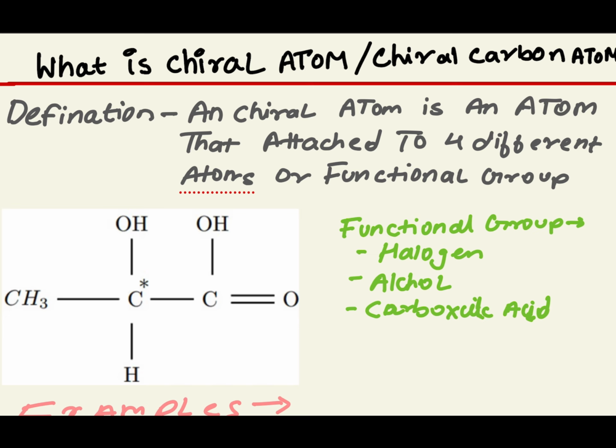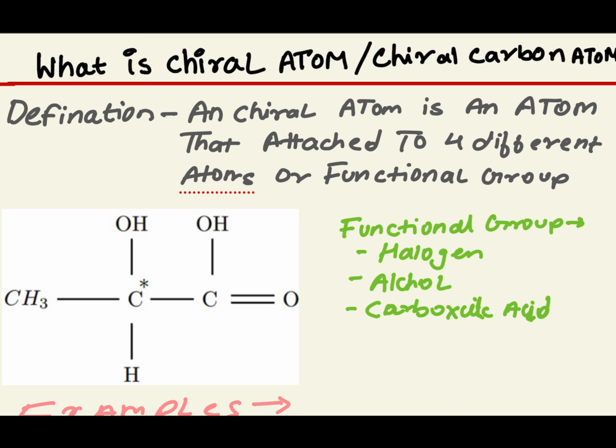Some people call it chiral and some people call it achiral atom. I personally like the word chiral, so I call it chiral. So the definition: it can be defined as a chiral atom that's surrounded by four different carbon atoms or four different functional groups or four different atoms.